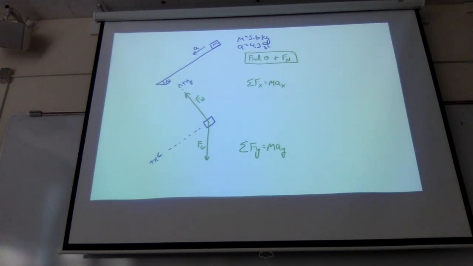Notice the normal force is pointing in the y direction. That's kind of nice. We're going to be able to work with that directly. The gravitational force, though, is not pointing in either direction, which means you have to do what is your favorite thing of all time, and break it into components. We need x and y components of the gravitational force.